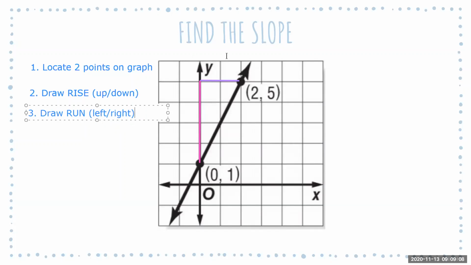And then once we draw these, we want to calculate our slope. So how we do that is we count the number of spaces for rise and run. So be very careful when you're counting spaces because sometimes people make mistakes here.